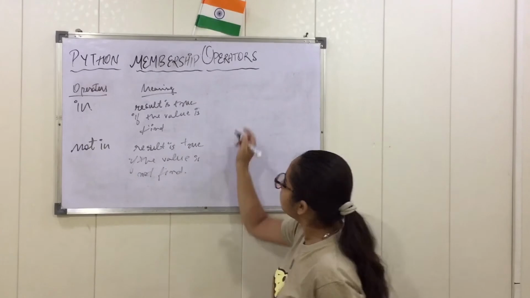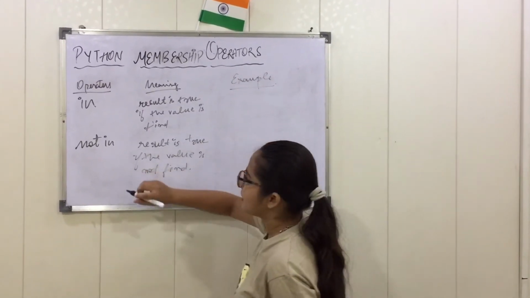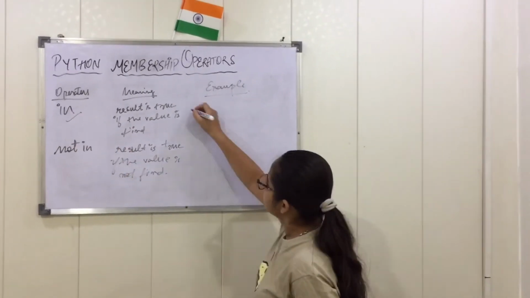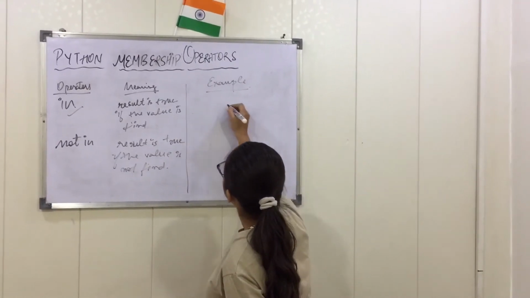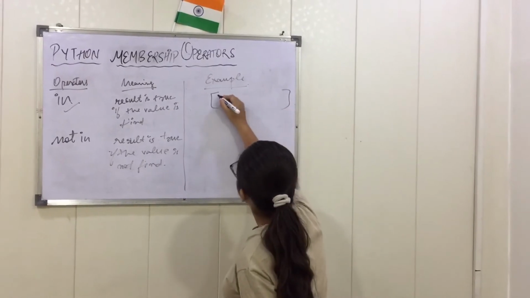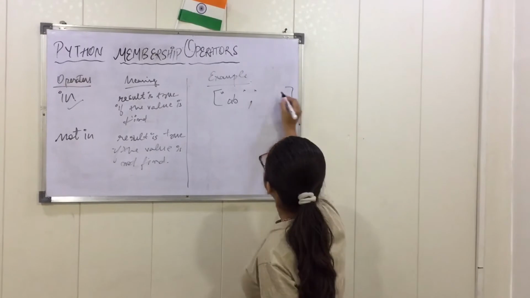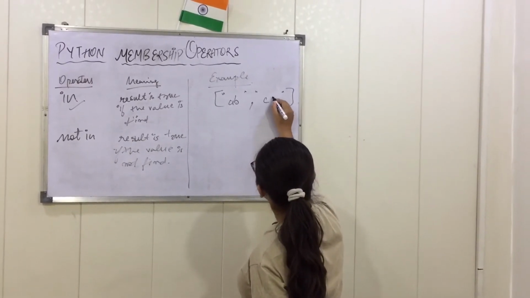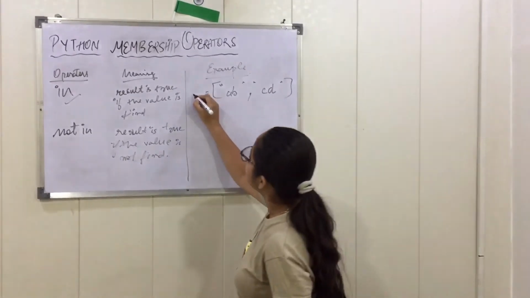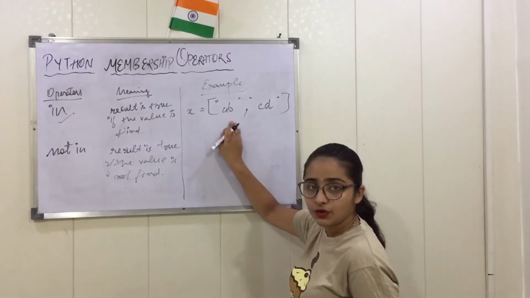For an example, first of all, we'll use the example of the in membership operator. First we have to take some values. Suppose my first value is AB, and after a comma, my second value is CD. I'll put this into a variable; suppose the variable name is X. Now I have to check whether the sequence is correct or not.